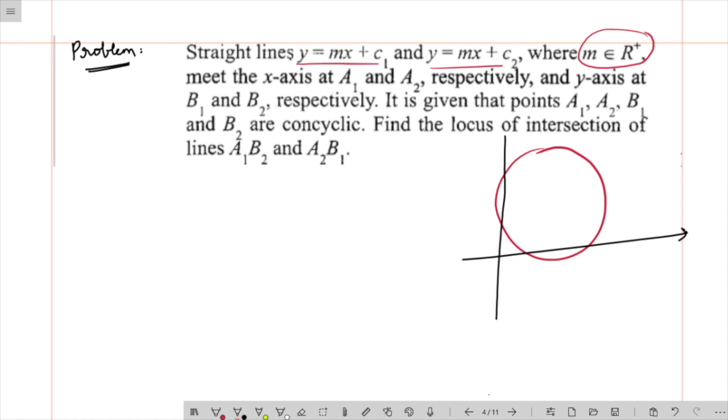And there are the lines y = mx + c1 and another line y = mx + c2.